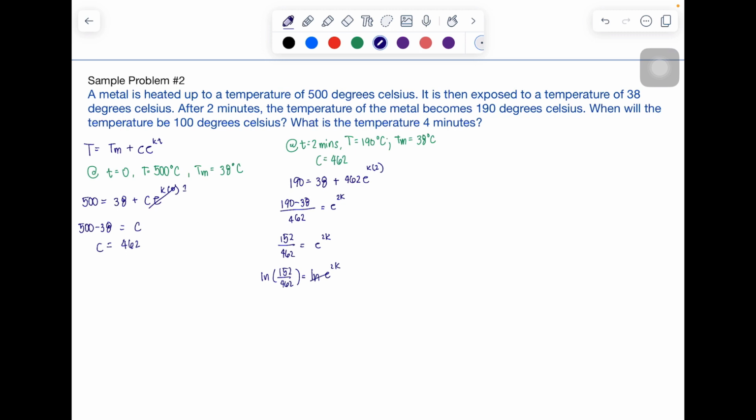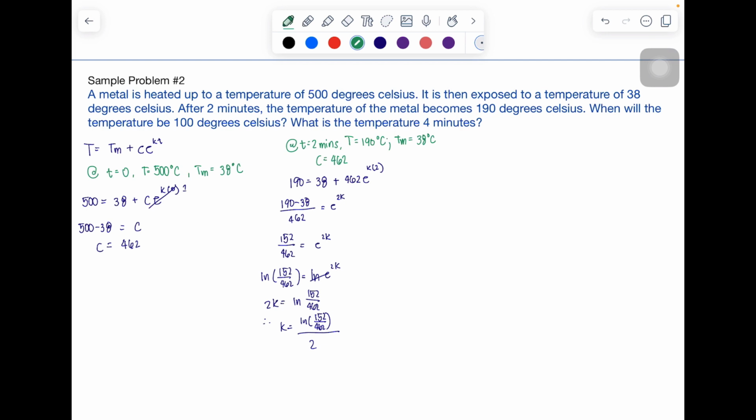So this cancels out. We are left with 2k times ln of 152 over 462. And so we have a k of ln 152 over 462 divided by 2. Now we already have the K.